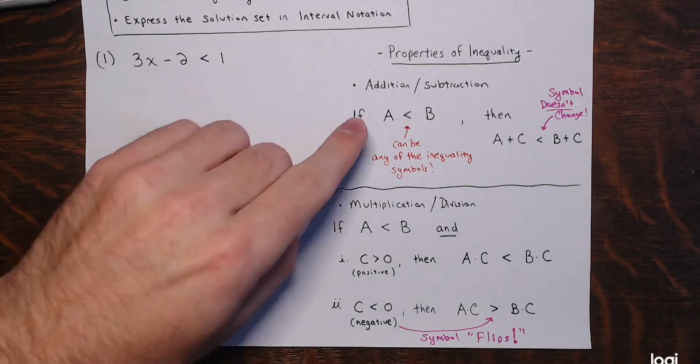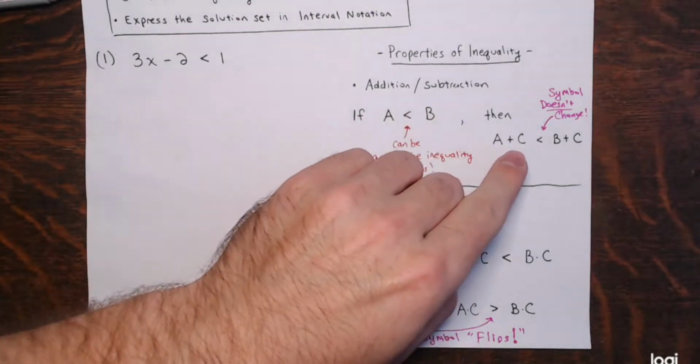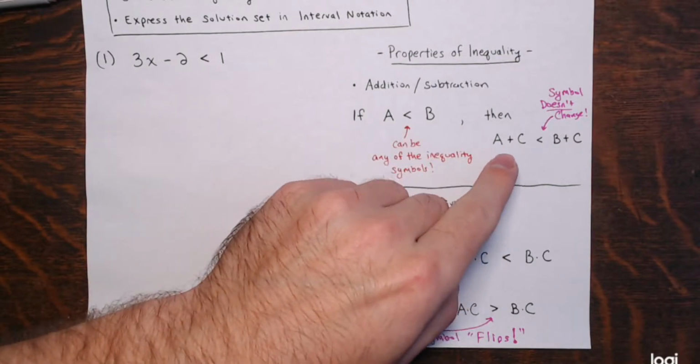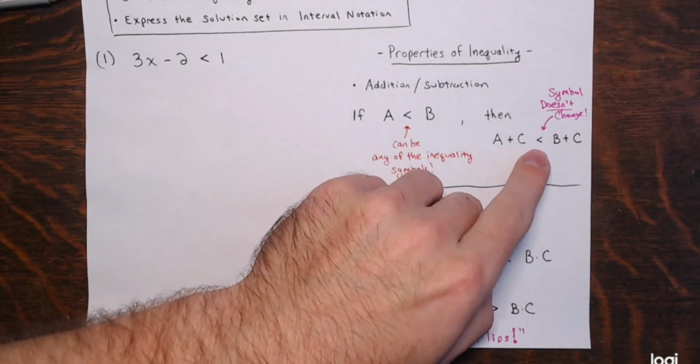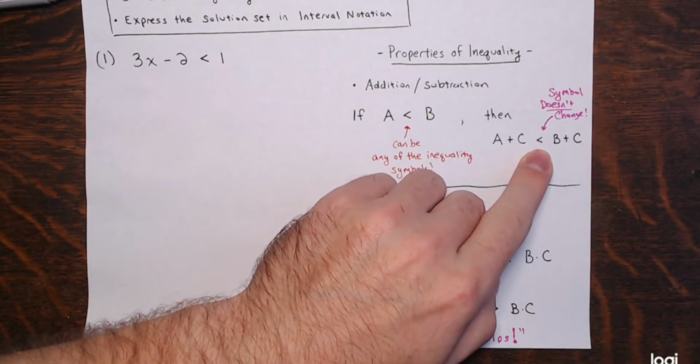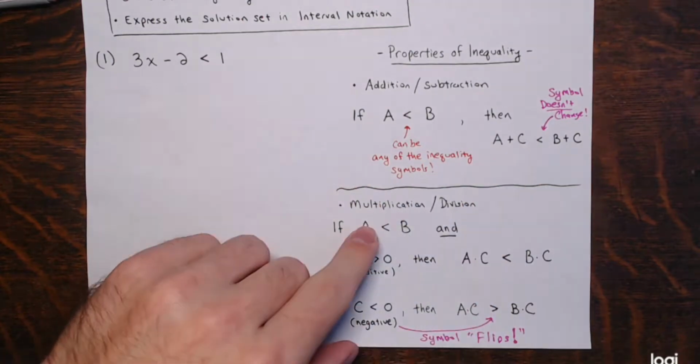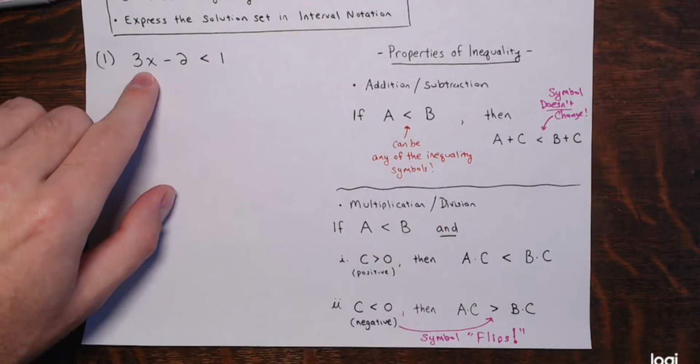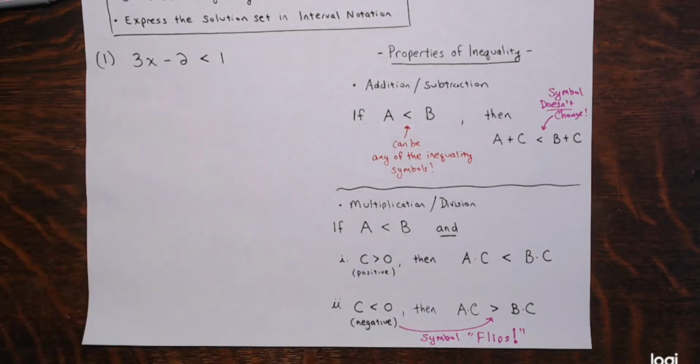So I can move terms from side to side with addition and subtraction, and when you add or subtract the same thing to both sides, the inequality symbol does not change. And then we can multiply. I'm trying to get the variable alone, so we'll eventually have to multiply or divide by some coefficient, some number.